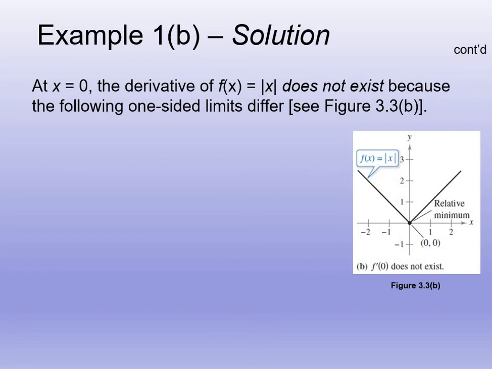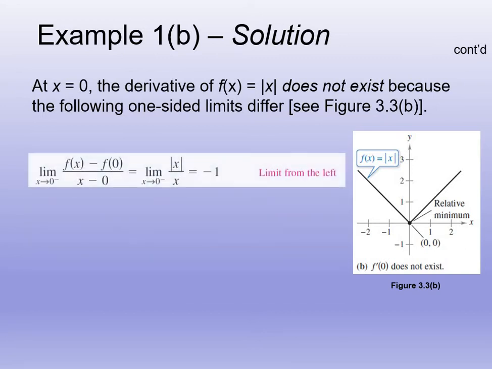Remember, this next one is difficult because it's an absolute value function. So we know that it's not differentiable at x equals 0, because we have a sharp point. Remember, that was from chapter 1 when we talked about limits, when the left-hand limit didn't equal the right-hand limit. If we take the limit as x approaches 0 from the left, we get a slope of -1. From the right, we get a slope of +1. Since the left-hand limit and the right-hand limit don't agree, it's not differentiable at 0.